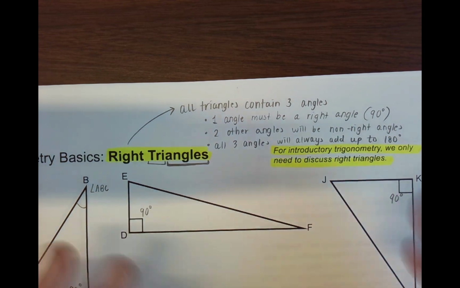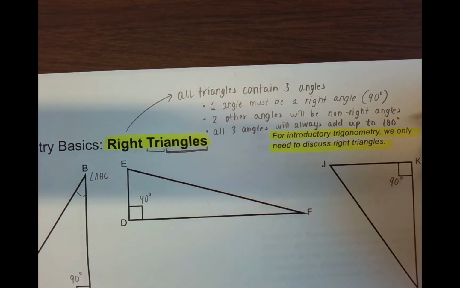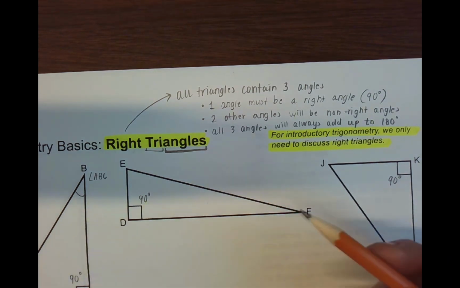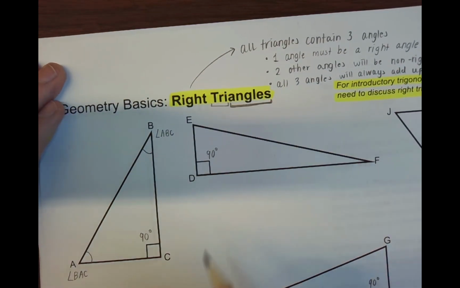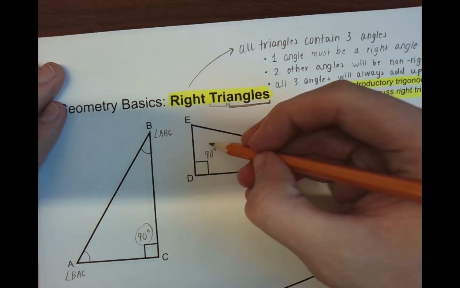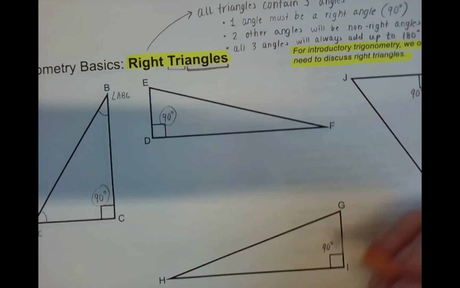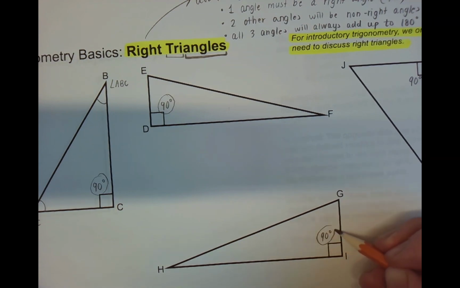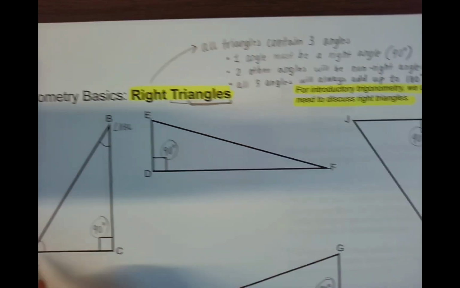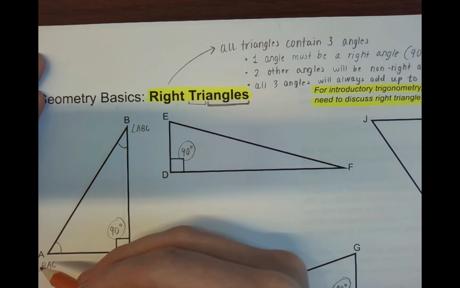That is a fact for every single triangle. So that helps us out because the right angle in a right triangle is always 90, so we know that the other two angles have to add up to 90.